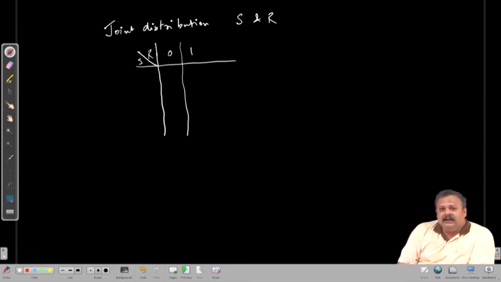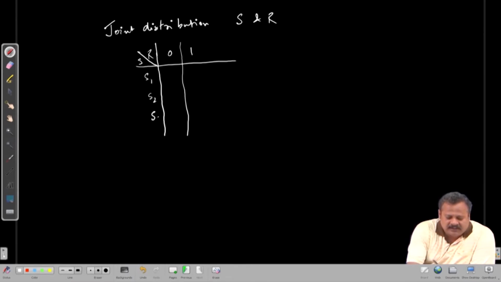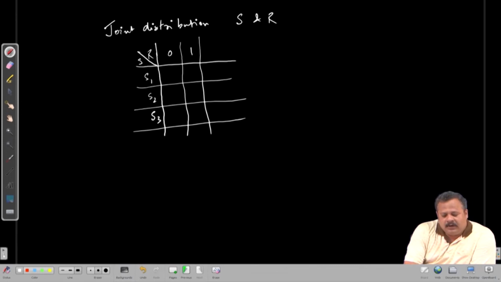And let us say there are only 3 possible stimuli, S1, S2 and S3. If we design the experiment such that S1, S2 and S3 are equally probable, then the marginal probabilities of S, that is P of S, are 1/3, 1/3 and 1/3.